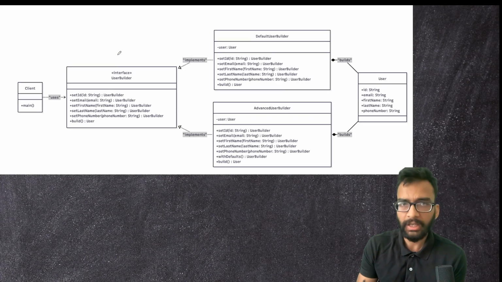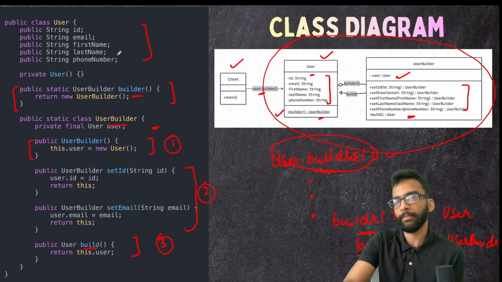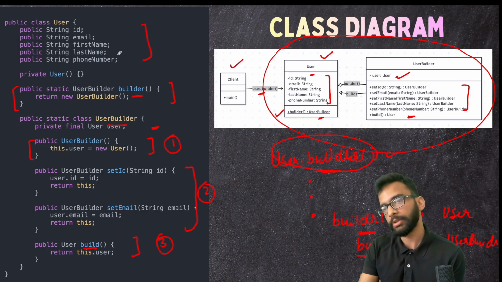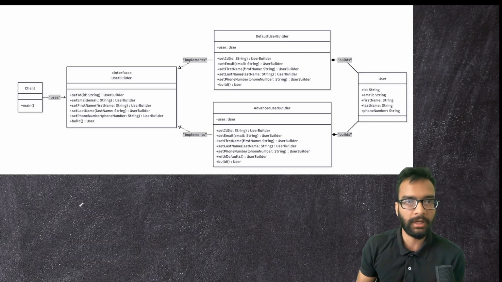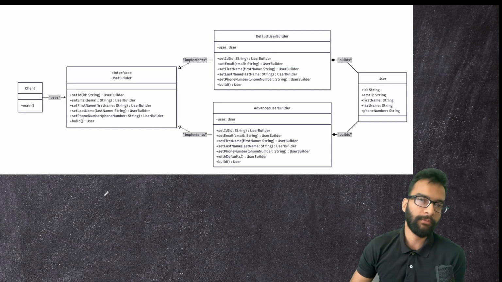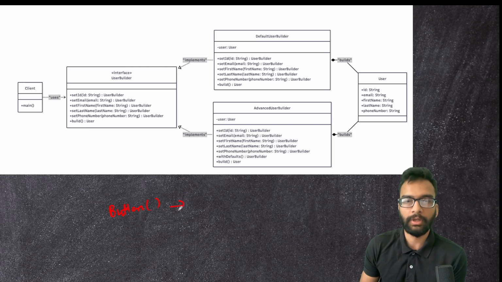So here you can consider that user builder is outside of the user class, not inside. In the previous example, user builder was inside the user class, so the diagram becomes like this. So this user builder is outside. Let's say you want to build a button, right? You can build an iPhone button, and you can build an Android button.